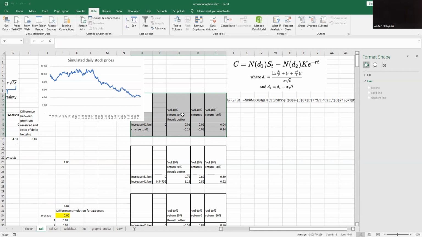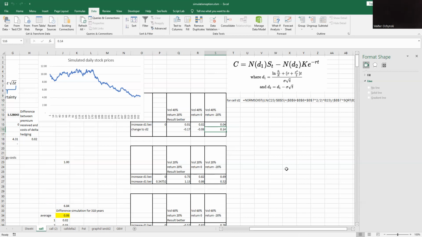When volatility is 40% and return is 20%, the results with hedging according to D2 are 17 cents worse than what we obtain as the premium. When the return is 0, the results are still worse than what we would obtain as the premium. But when the return is minus 20, now hedging according to D2 is shining.